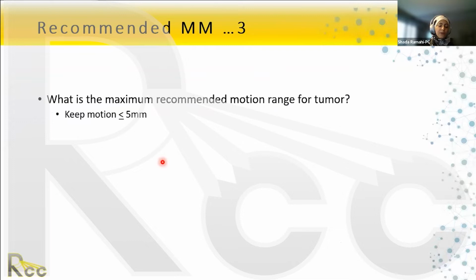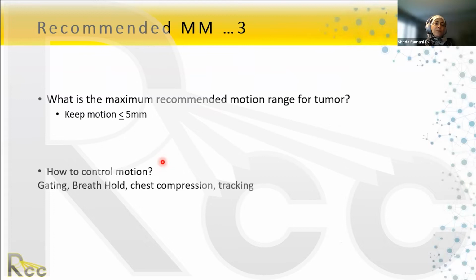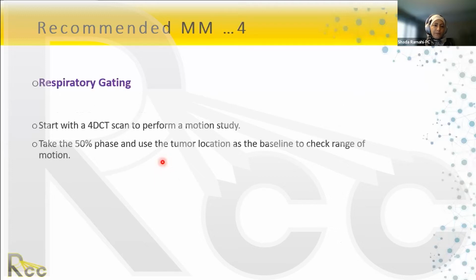If your tumor is moving 5 millimeter or less, it's considered good to go for SBRT treatment. If it's not, if it's 4 cm or 12 millimeters or 15 millimeters, sometimes we see 50 millimeters is more common than any higher number, then you need to do what we call motion control. And these are the things that are suggested by RTOG: gating, breath hold, chest compression, or tracking.